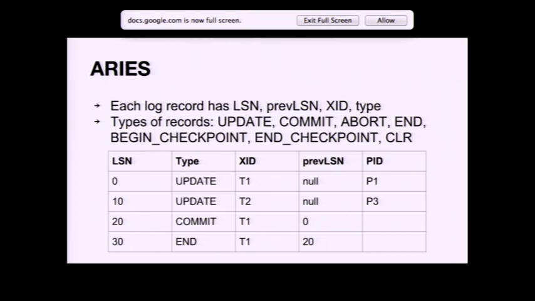Kind of the same thing at LSN 10. At LSN 20, we're saying, okay, let's commit transaction T1 right now. And the previous LSN of T1 in this log is 0, which you can see just 2 rows above that. Kind of the same thing continues at LSN 30. We say T1 end. That is the end of transaction T1. The previous LSN was 20, just before that.